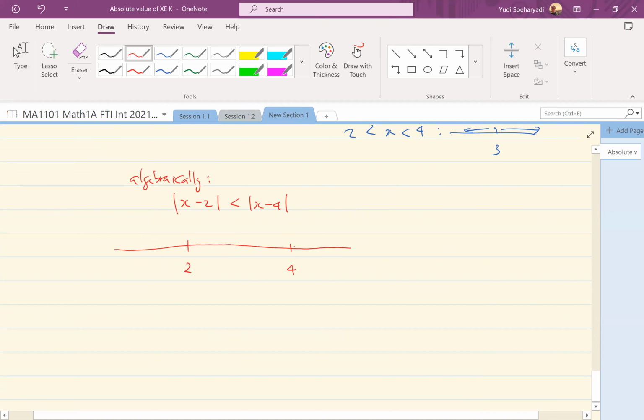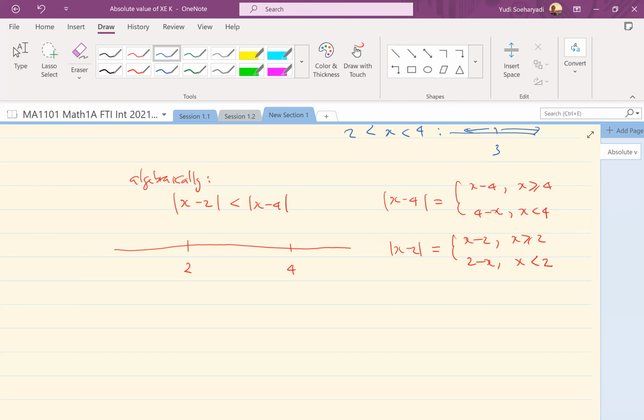Okay. So to the right of 4, this is x minus 4, and 4 minus x to the left of 4. This is x minus 2 to the right of 2 and 2 minus x for x less than 2.